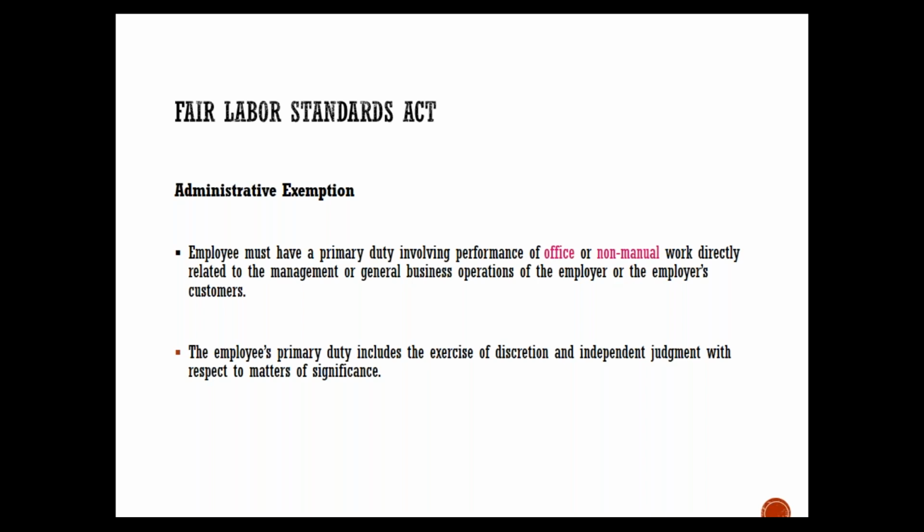An employee must have a primary duty involving performance of office and non-manual work directly related to the management or general business operations, and it must include the exercise of discretion and independent judgment with matters of significance, meaning the employee must be able to make decisions, they must be able to basically take risks, and have the authority to make decisions without sort of checking in on a daily basis with someone.